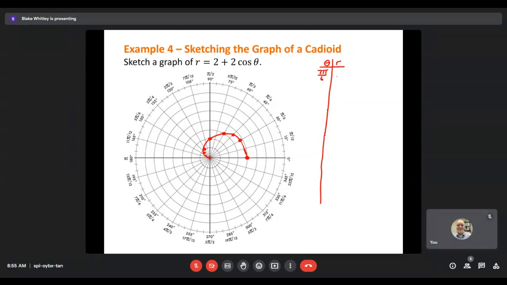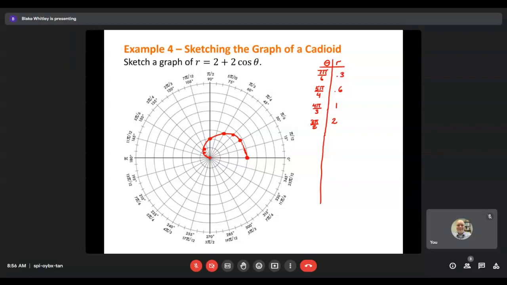So this is going to give us about 0.3. 5 pi over 4 gives us 0.6 again. 4 pi over 3 is 1, and 3 pi over 2 gives us 2. And then we'll keep going.